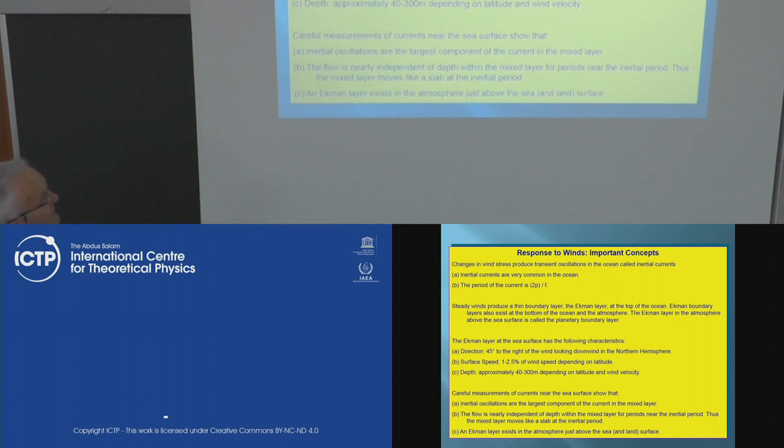And on the other hand, we have these time-dependent or transient oscillations, but steady winds produce a thin boundary layer, which is also called the Ekman layer, at the top of the ocean. And this Ekman layer is on the order of several hundreds of meters, where we have a direct influence of the wind.